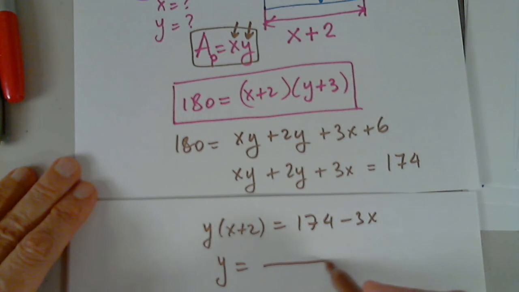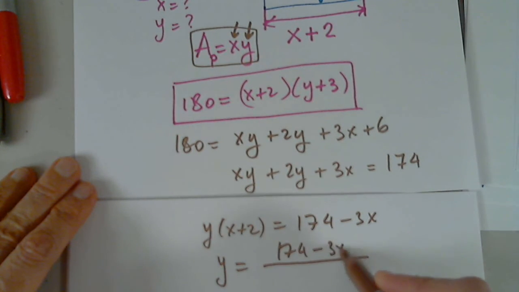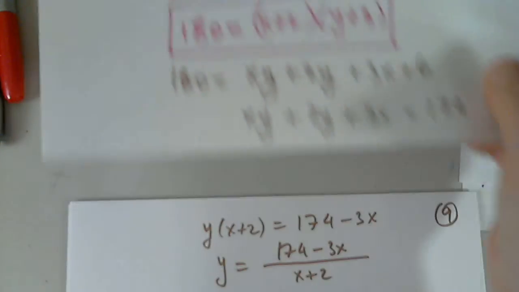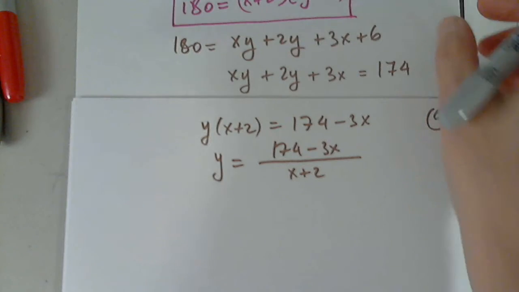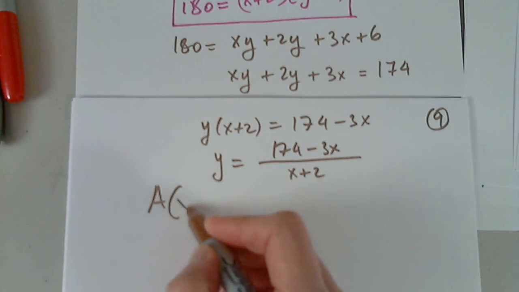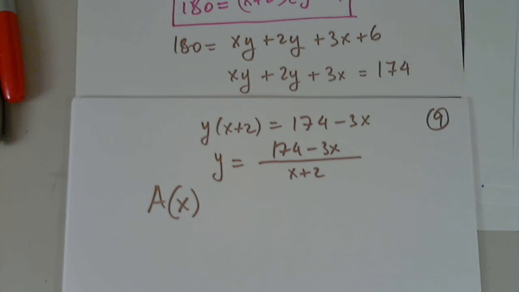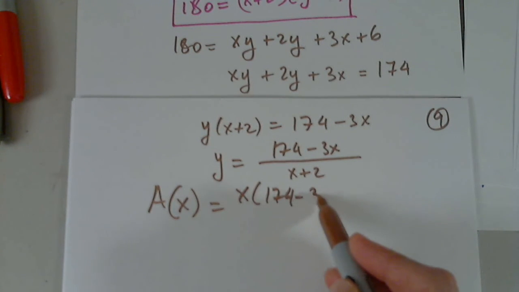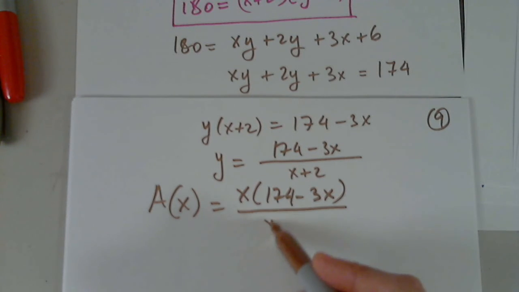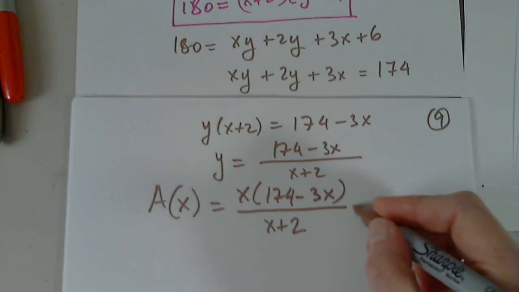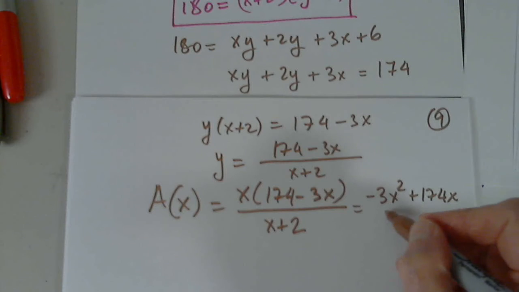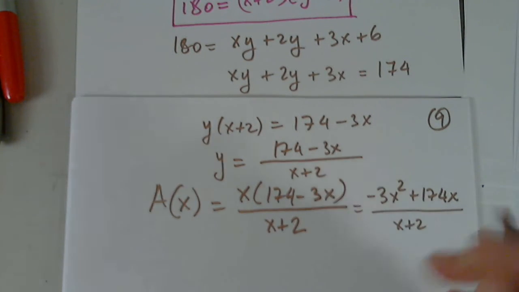So Y equals this, and I would put it in now. Finally, it's a function of X alone. And I have X times (174 minus 3X) over X plus 2, or negative 3X squared plus 174X divided by X plus 2.